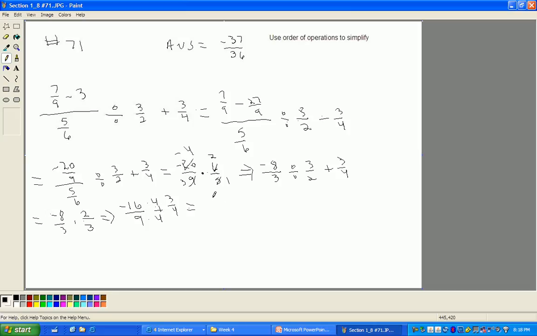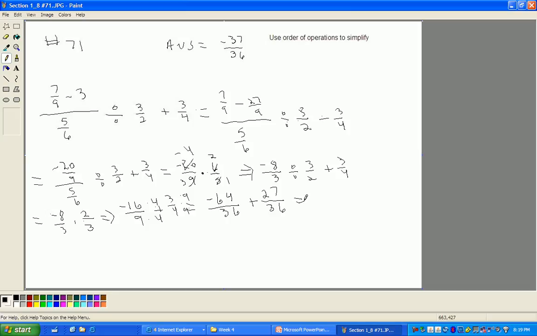So negative 16 times 4 is negative 64, divided by 9 times 4, which is 36. And then we multiply both of these by 9. So 3 times 9 is 27 over 36.